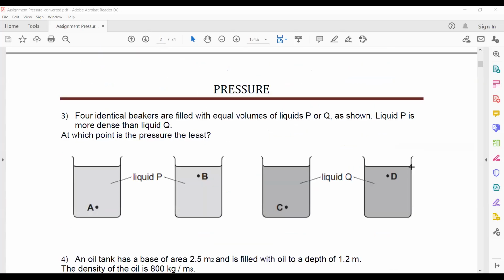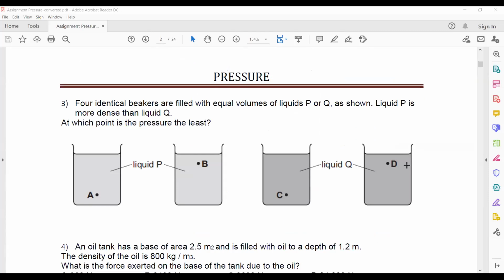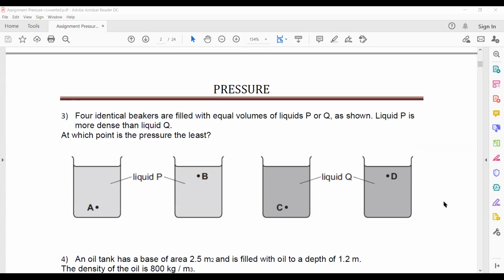Four identical beakers are filled with equal volume of liquid P or Q. Liquid P is more dense than liquid Q. At which point is the pressure least, the smallest pressure?